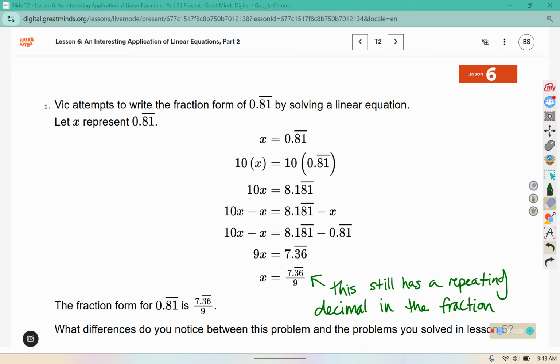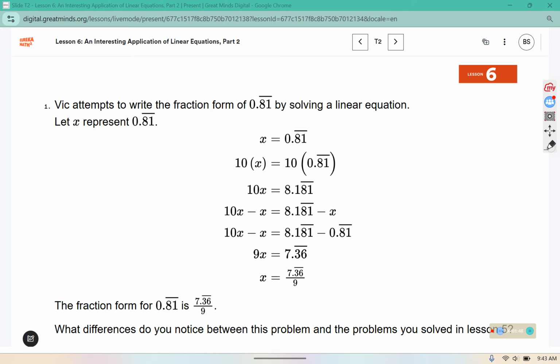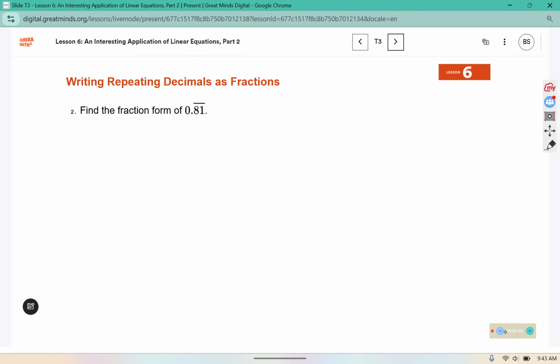Another difference that I notice is that the ones we did in the previous lesson only had one number that repeats. Now I have 2. So the strategy is going to look a little bit different.